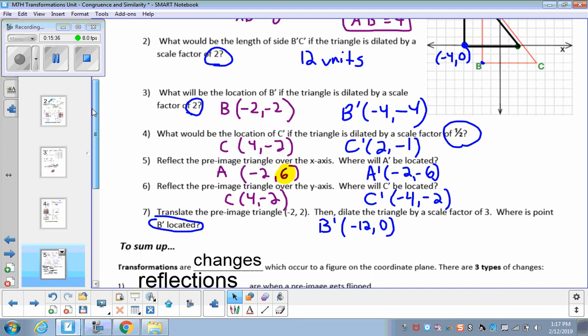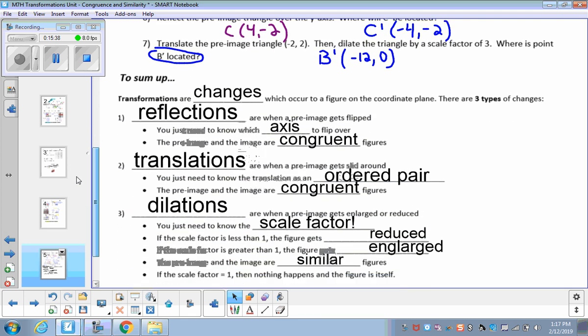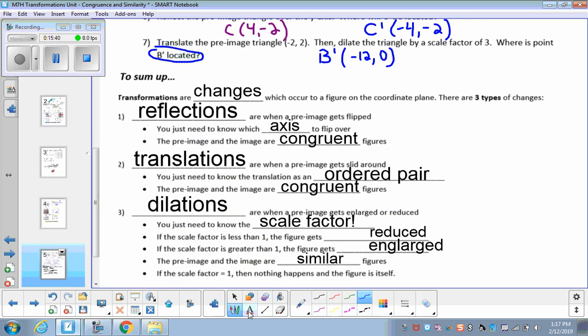So now that we're done with the dilations, let's sum up here and review the 3 transformations that we've talked about so far in this unit. Transformations are simply changes which occur to our figure on the coordinate plane, and we've talked about 3 types. We talked today about reflections, translations, and dilations. For reflections, the preimage is going to get flipped.